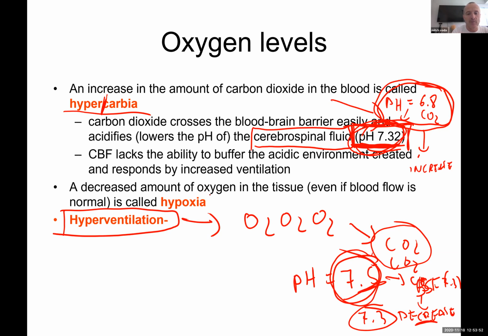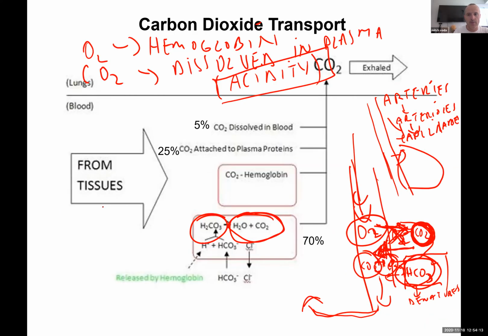When you have a decreased amount of oxygen in the tissue, this is called hypoxia. Sometimes even if the blood flows normally, for some reason the cells do not pick up all the oxygen, and then it leads to hypoxia.